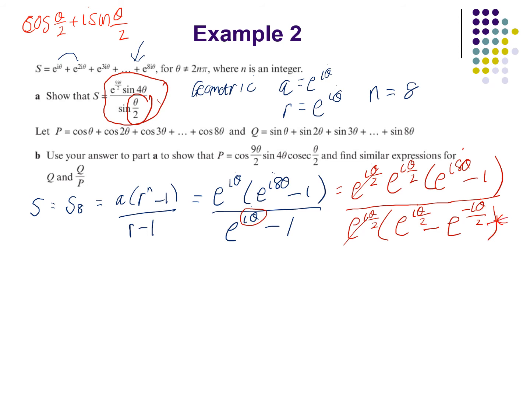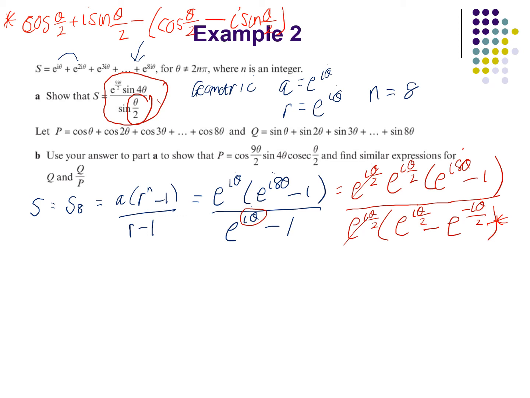I just put a little star by it and I put a little star up here. So that is my e to the i theta over 2 minus this, which is cos minus theta over 2, which is the same as cos theta over 2, and a minus in the middle, i sine theta over 2, because remember when you have minus the argument, you get this minus sign in the middle.